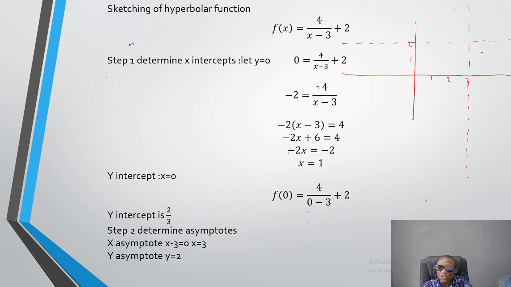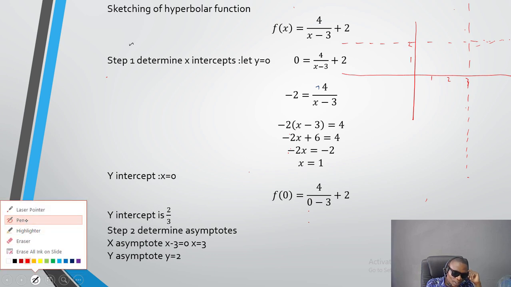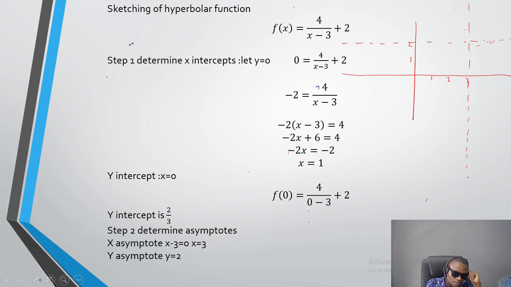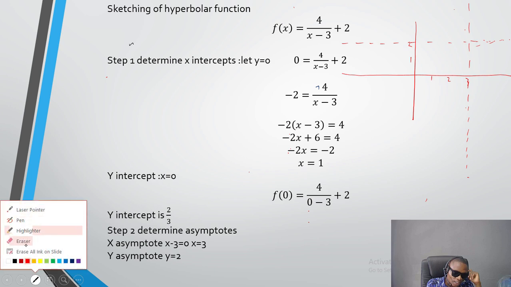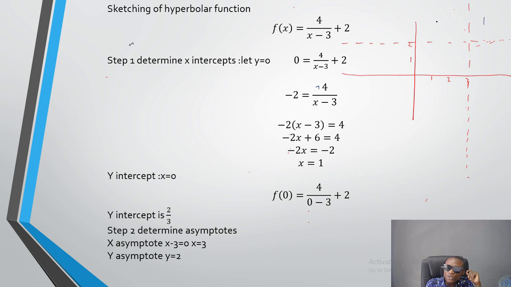Now you see that the dotted-line asymptotes divide our graph and give us 4 quadrants. We've got 1, 2, 3, 4.